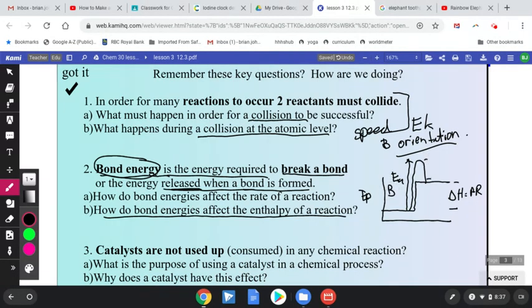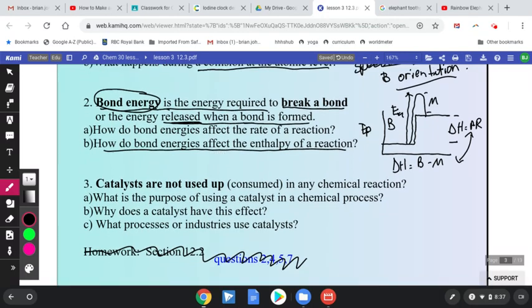And this would be the energy released when bonds are made. So if we wanted to calculate the change in enthalpy, we could also go breaking minus making, and that gives us the same value as Hess's law of enthalpy of formation of products minus reactants.